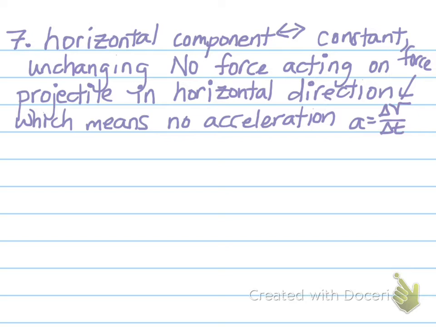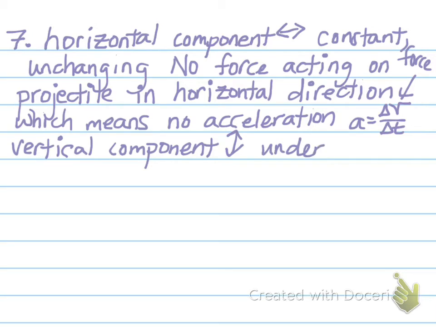Okay? But the second part of this, while the vertical component changes, why does the vertical component change? Vertical component, we're talking about our up and down. And this is the part that is under the force of gravity.